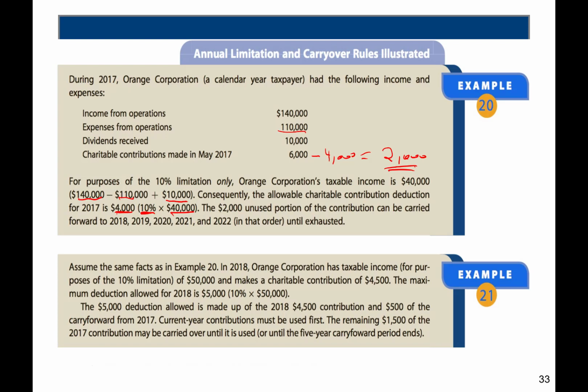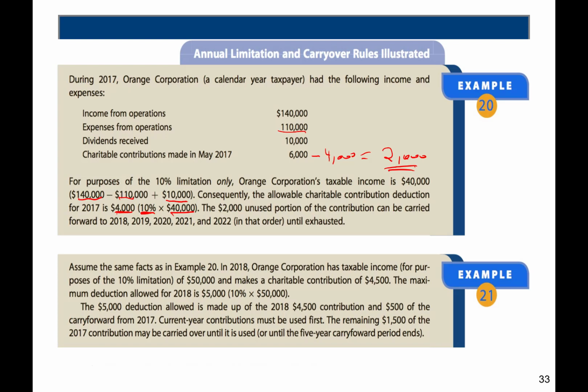But you'd have to put back your dividend received, because dividend received is part of the income that has come in from the operation. So those get a little bit tricky, as to make sure you don't add back the contribution, because that's not an accounting deduction, is it? So basically you ignore that, is the way you do that.